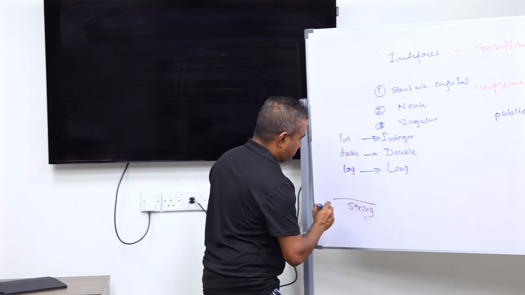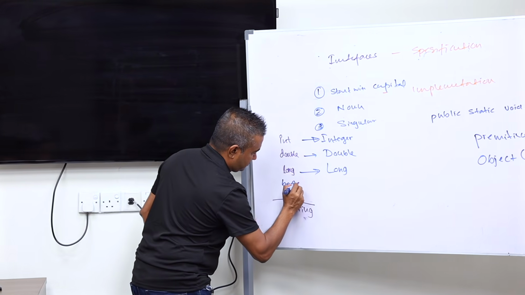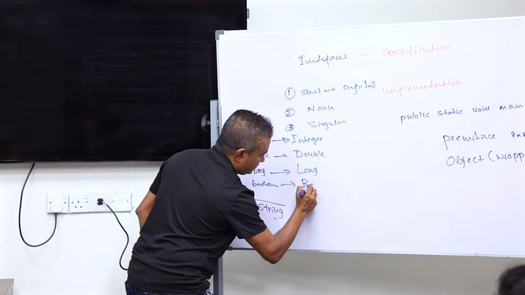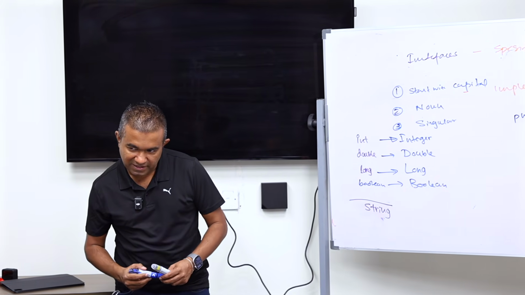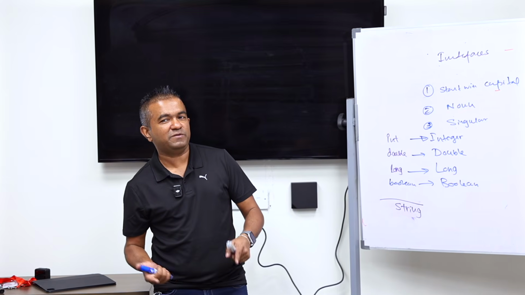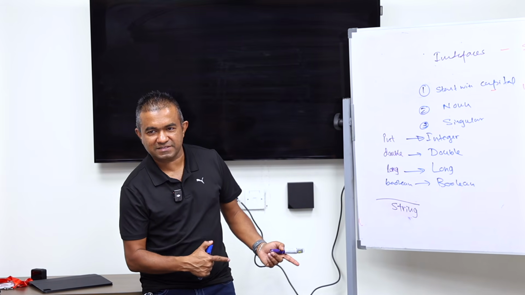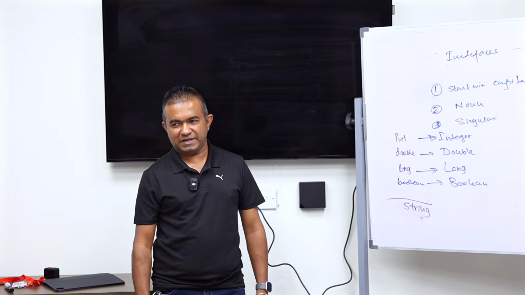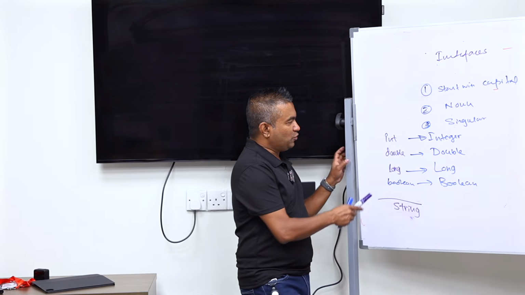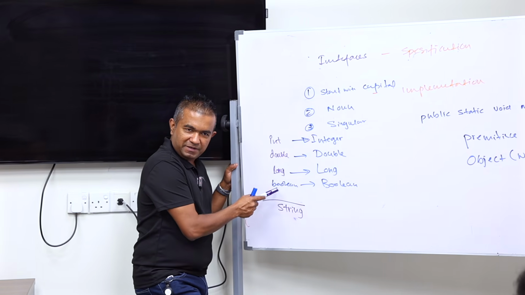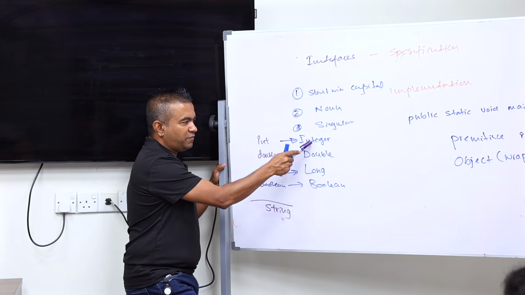So, you have boolean and you have Boolean. What is the difference? First letter capital. First letter capital means what? It is a class, okay? So, a primitive type has its own wrapper type.